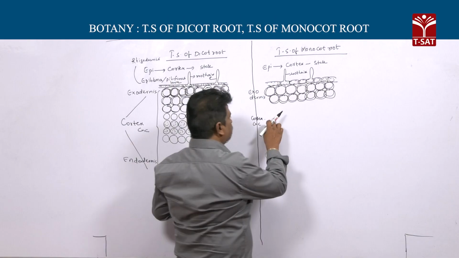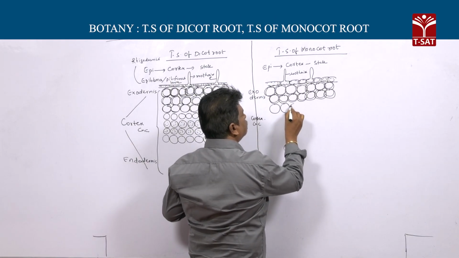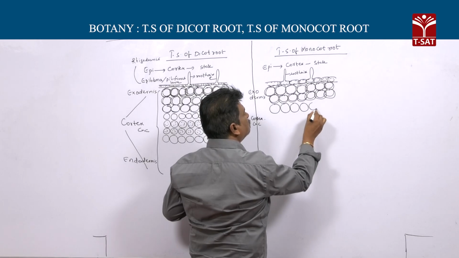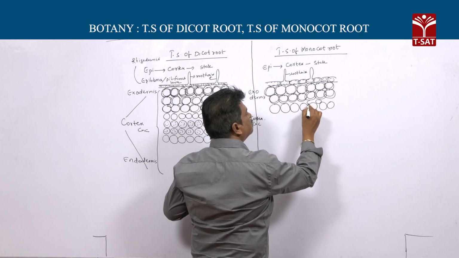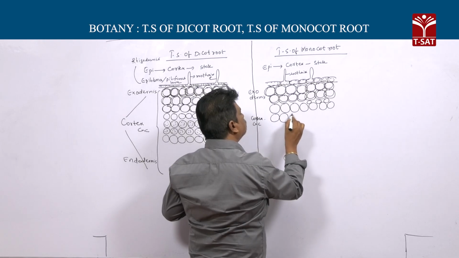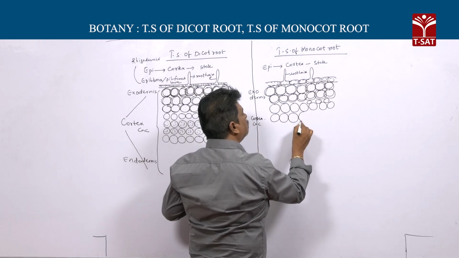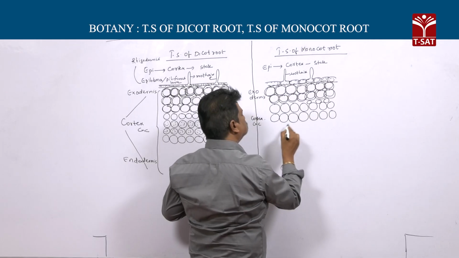Then general cortex in monocot root, same. Even in monocot root, general cortex is present in between exodermis and also endodermis.